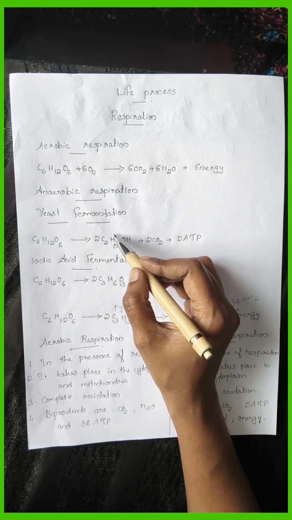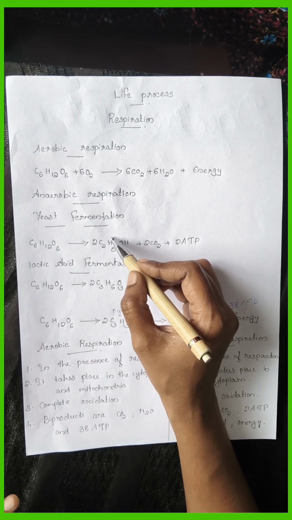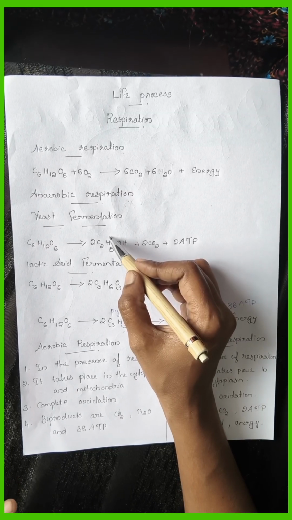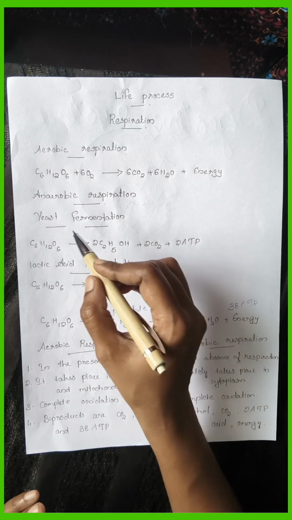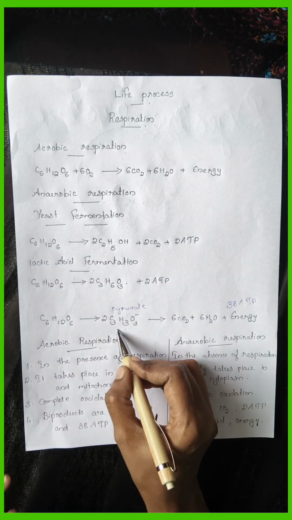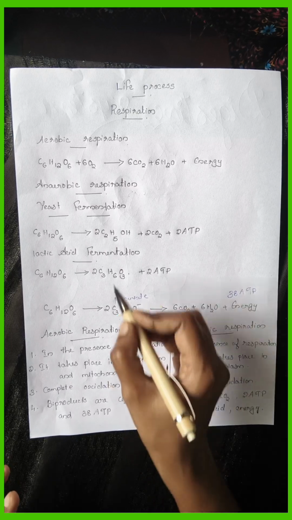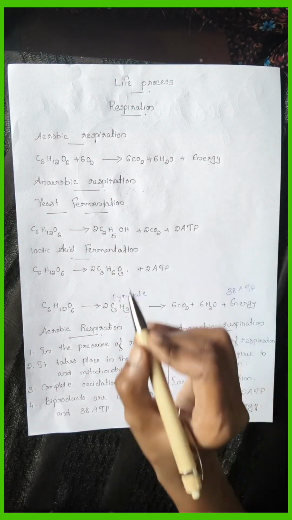First of all, let us study yeast fermentation. As we know, yeast is a unicellular organism which is used in bakery for baking purposes. In yeast, glucose is converted into pyruvate. Pyruvate is the intermediate compound of both aerobic and anaerobic respiration.